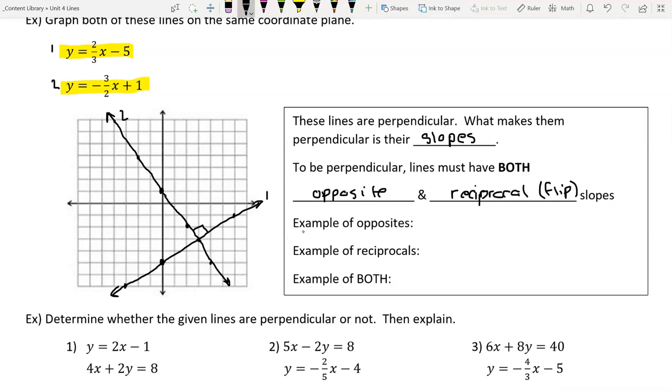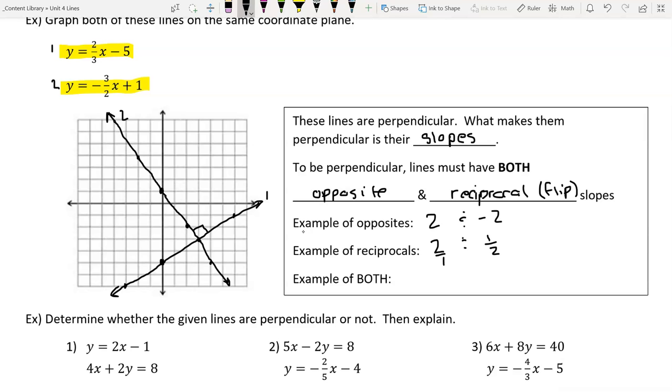An example of opposites is if I had 2 and -2. Opposite means that one is positive and one is negative. An example of a reciprocal is if one was 2, which is technically 2 over 1, then the reciprocal, or the flip, is 1 over 2.